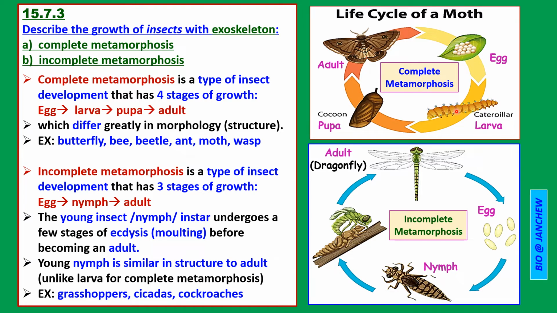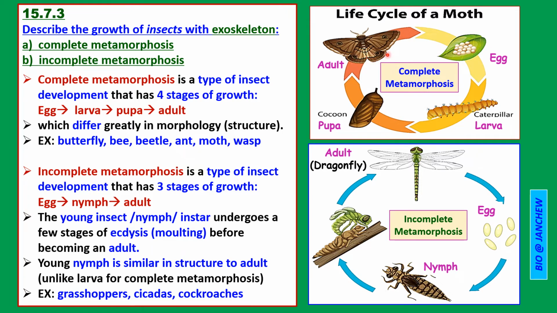So the caterpillar will eat and then grow, and then after a while it will form a cocoon. It will be wrapped inside the casing here, and this is the pupa stage. From the larva stage, when it is a caterpillar, to the pupa stage. In the pupa stage, it looks like it's inactive, but actually it is transforming very drastically to form the adult butterfly with wings that can fly in the air.